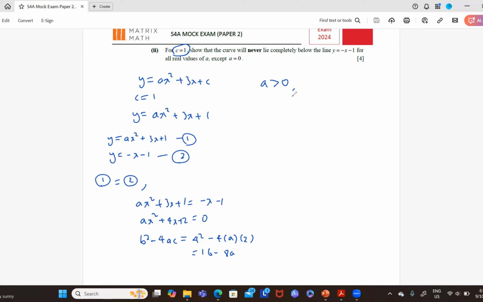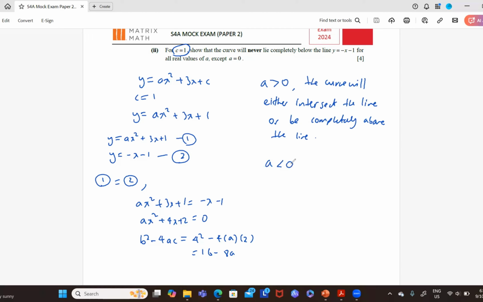So for values where a is more than 0, the curve will either intersect the line or be completely above the line.